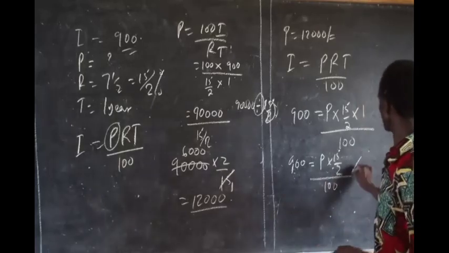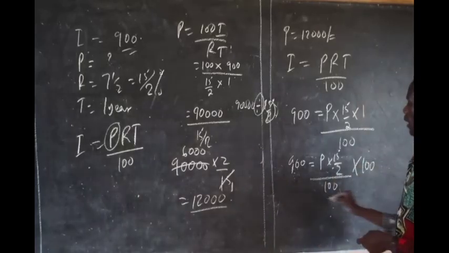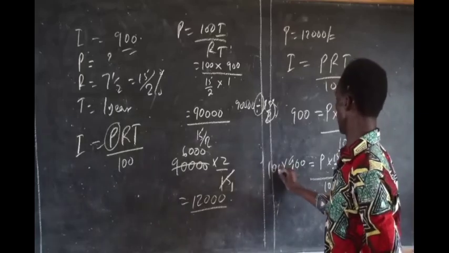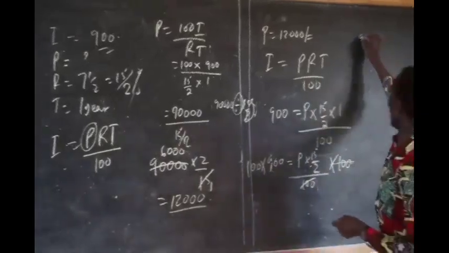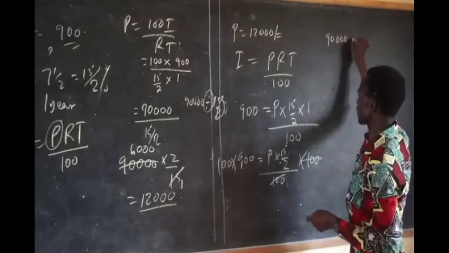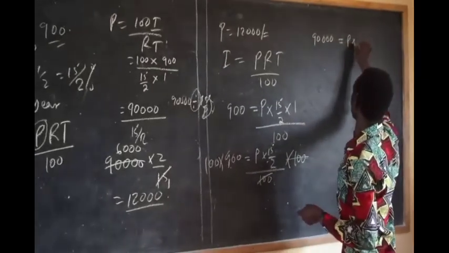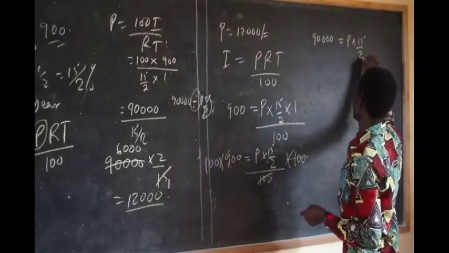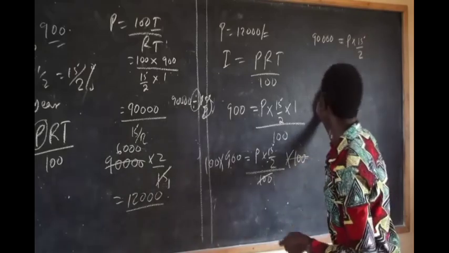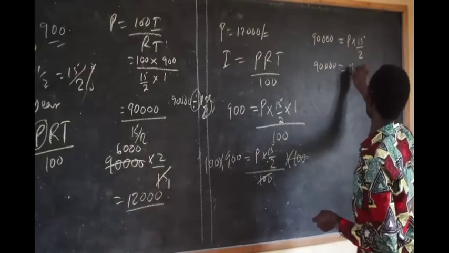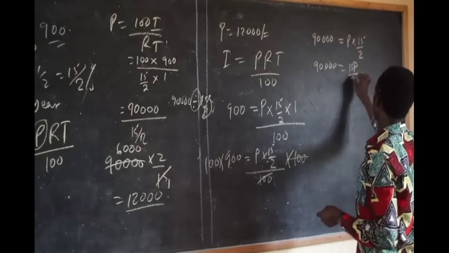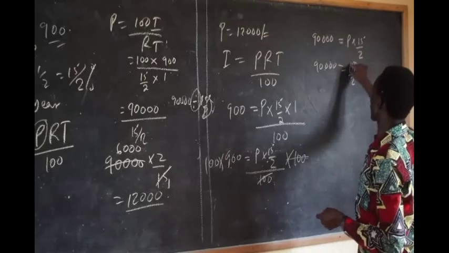Then we multiply by 100 on both sides, and this cancels. Then 90,000 is equal to P times 15 over 2, that is 90,000 is equal to 15P over 2.